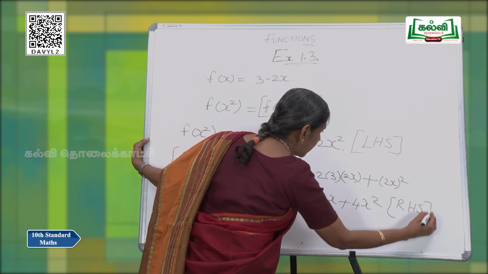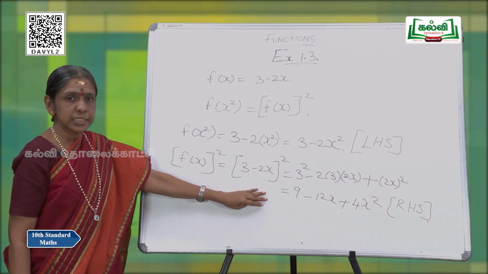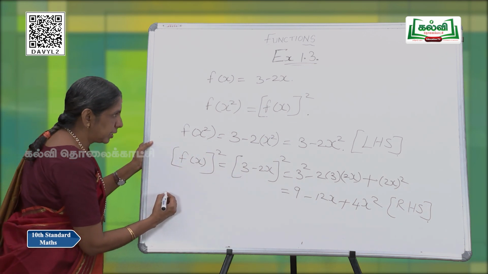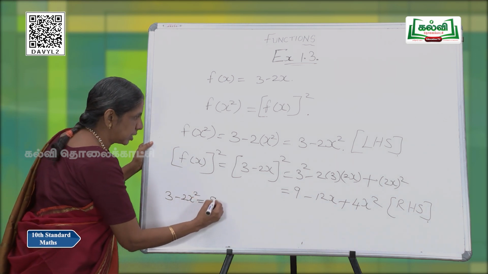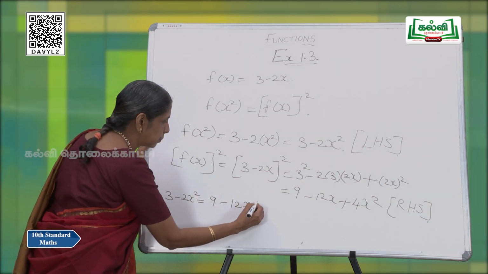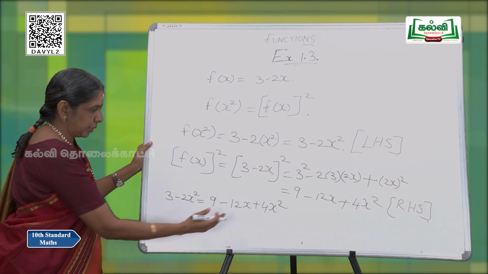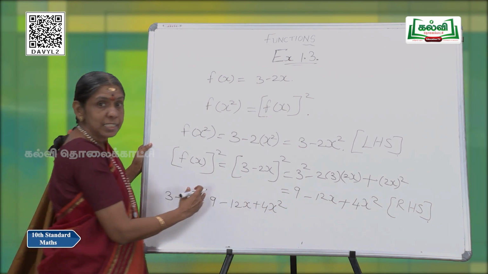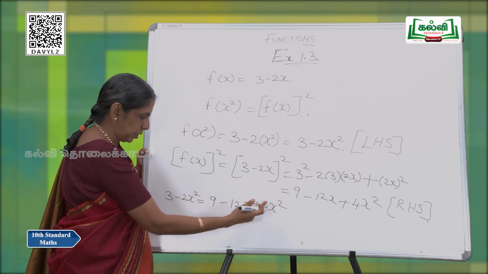Now, the question asked is, the left hand side value and right hand side value must be equal. So, you take the left hand side value, 3 minus 2x squared is equal to 9 minus 12x plus 4x squared. Now, we can simplify, minus 2x squared you take to the other side, that is called transposing the term, from LHS to RHS.